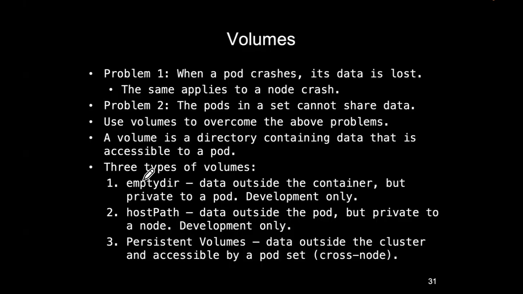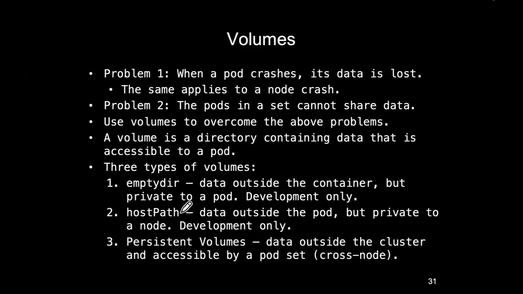Just for the sake of completeness, we have this concept of what's called an empty dir volume in Kubernetes. And if you put data into this empty dir volume, the data is outside the container, but it's within the pod. I'm not sure how useful it is, but it can be useful if you're just doing some sort of debugging or some sort of development work.